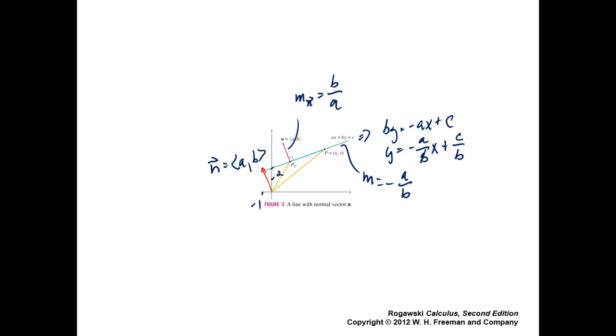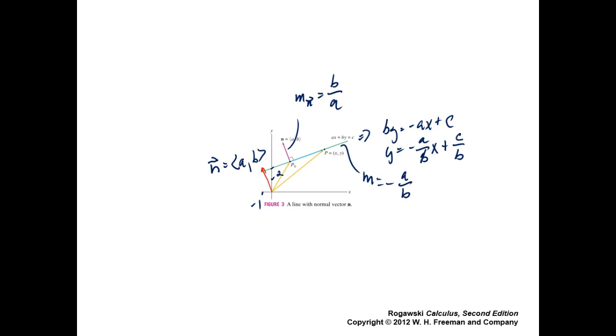Yes, those are perpendicular. So all we have to do is find the slope of this one, and you know its perpendicular line would have the slope of B over A. And that's exactly what the slope of that normal vector is. B over A.